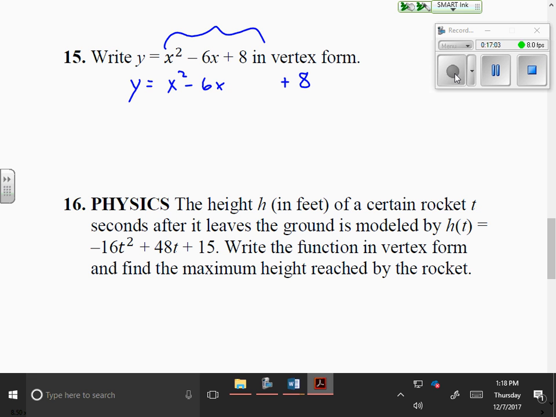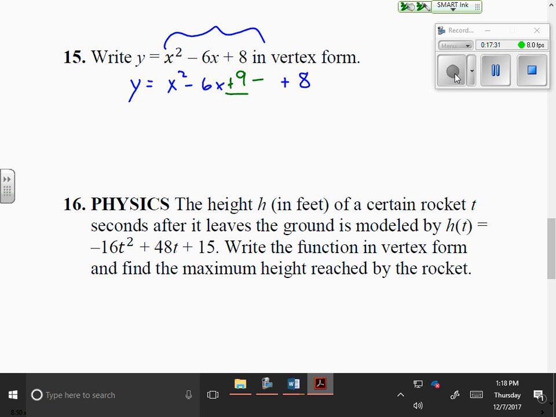Now we're going to find the value we need the same way we did on 7 and 8. We take half of b and square it. What is that? 9. So we need a 9 right here. But since we're on the same side of the equal sign, we don't add 9, add 9.